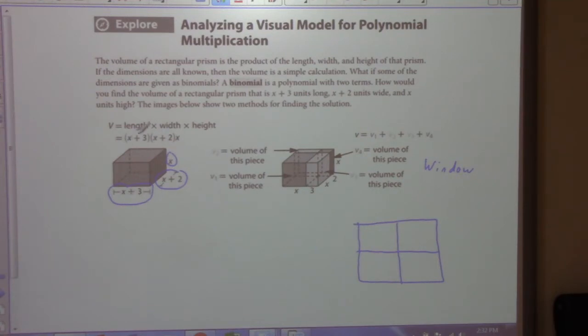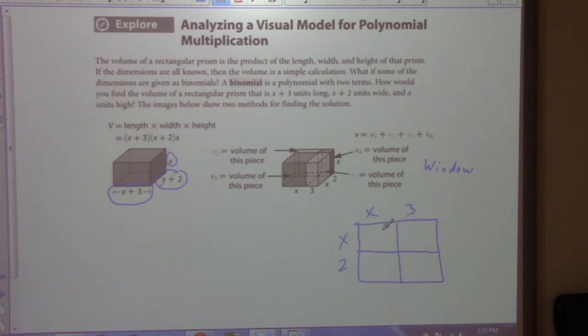And so if we take this x plus 3 times x plus 2, and we put x plus 3 times x plus 2, and then we multiply the terms together in the space where they intersect.